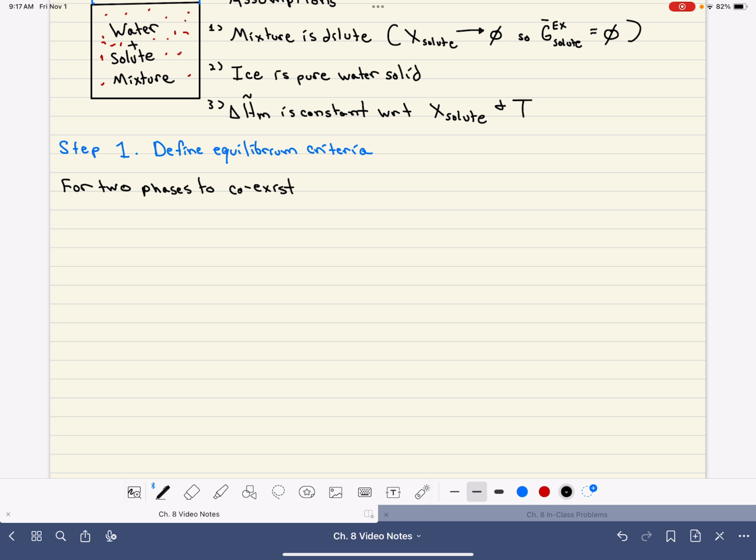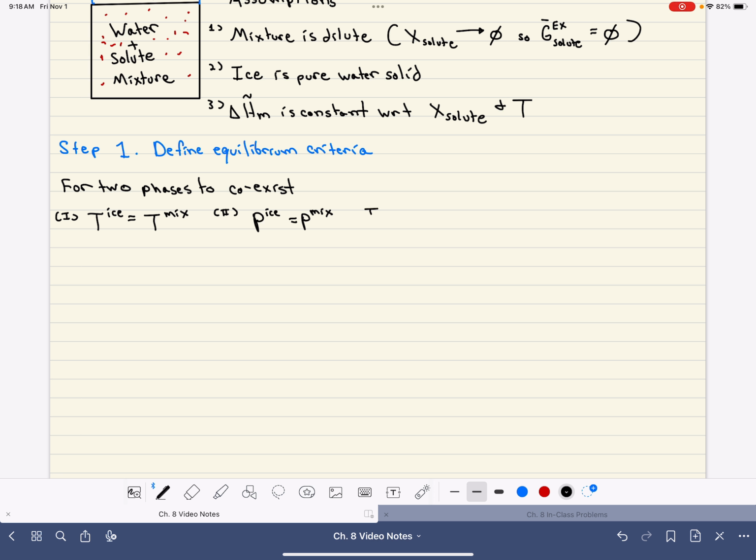For a mixture, our equilibrium criteria are the following. The temperature of the solid ice phase has to be the same as the temperature of the liquid mixture. The pressure in the ice phase needs to be equal to the pressure of the mixture.